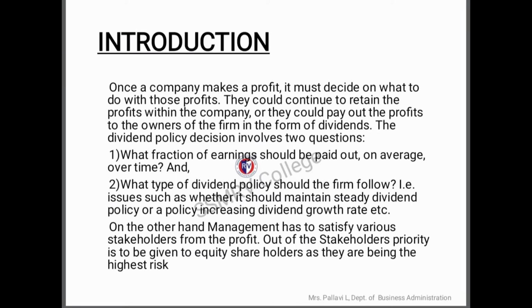So now let's begin. Firstly, let's understand what is dividend and how does the company pay the dividend. You all know that the company earns profit and that's the major objective of any company, right?